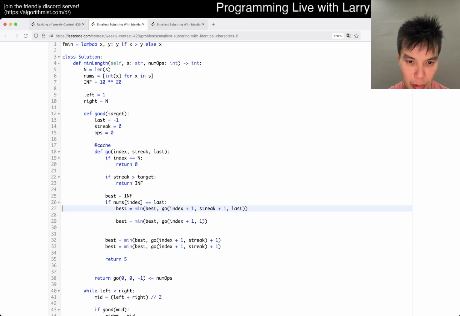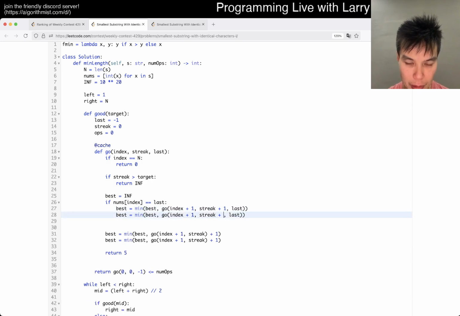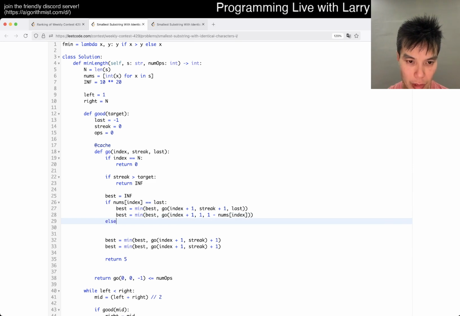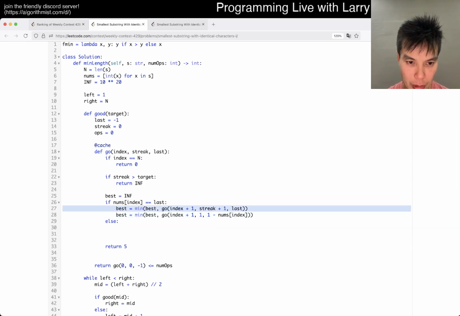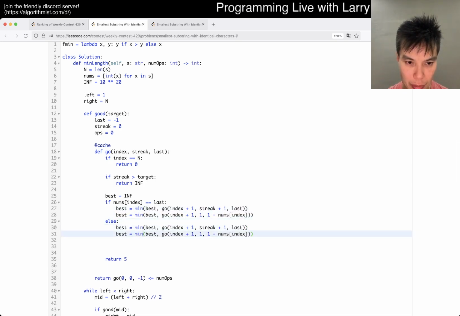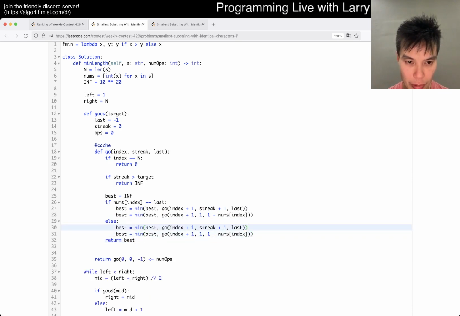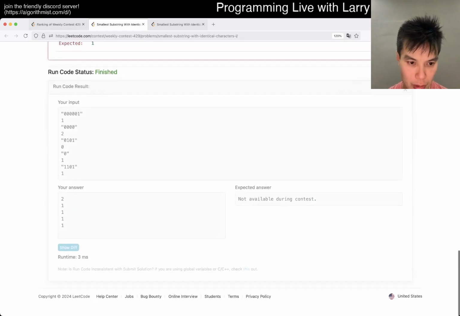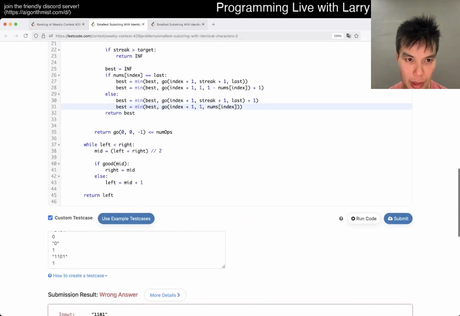Or you can do new streak of 1 and then swap it. Else, if it's different, then you can, same thing really, except for now this costs 1, this costs 1. No, so if it is different, then you add it to streak, and this does not cost anything, except for this is now num sub 0. Okay. Okay, I think this is the expected thing.